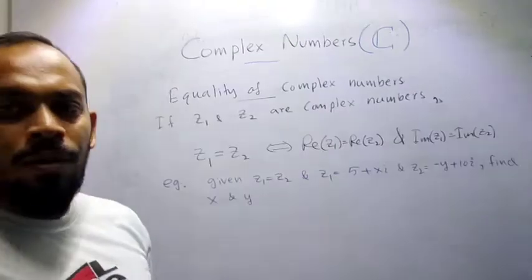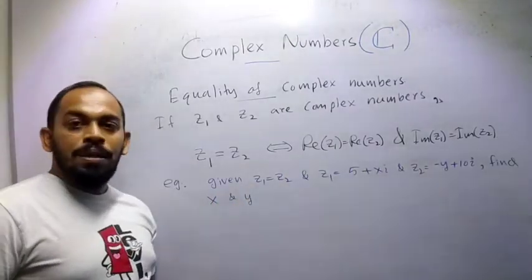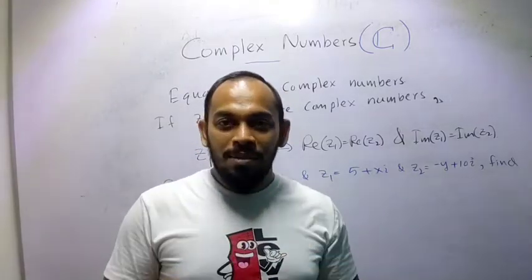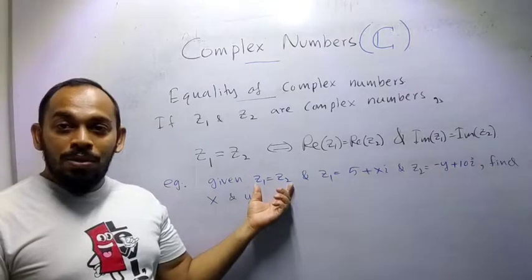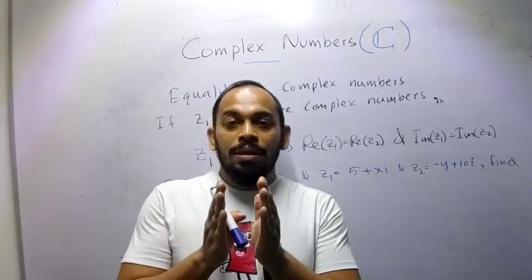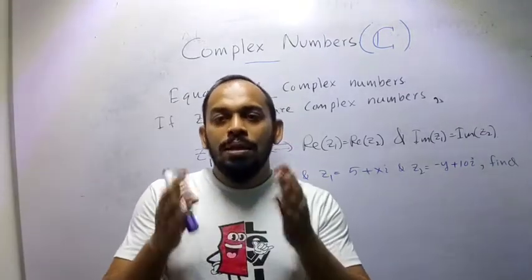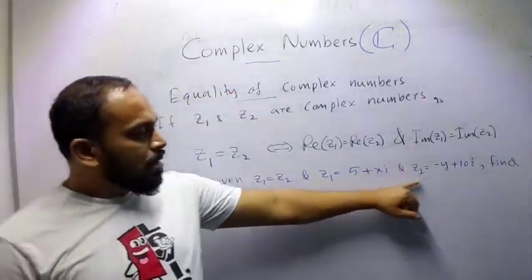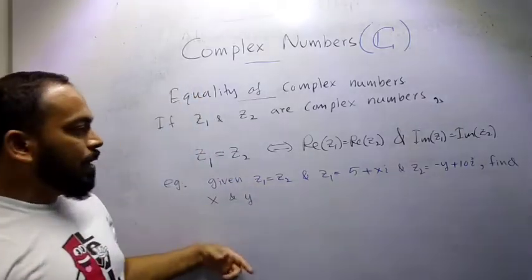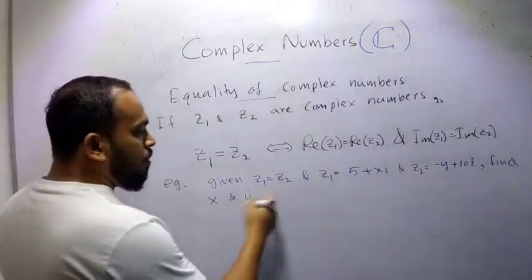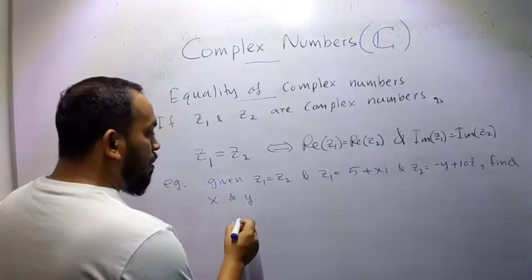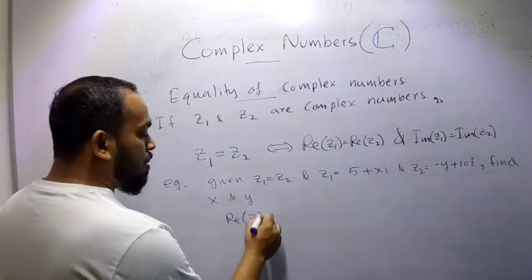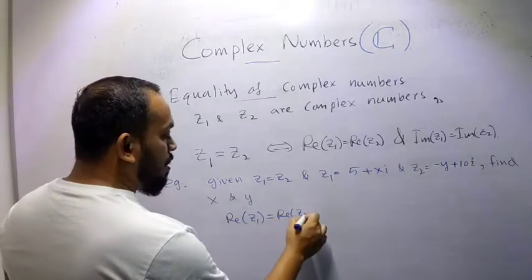Let's look at another. Given z1 is equal to z2, where z1 and z2 are complex numbers, we are only talking about complex numbers here. If it is given that they are equal, then you know that the real parts are equal to each other and the imaginary parts are equal to each other. z1 and z2 are given. Find x and y. If z1 equals z2, the real part of z1 must be equal to the real part of z2.